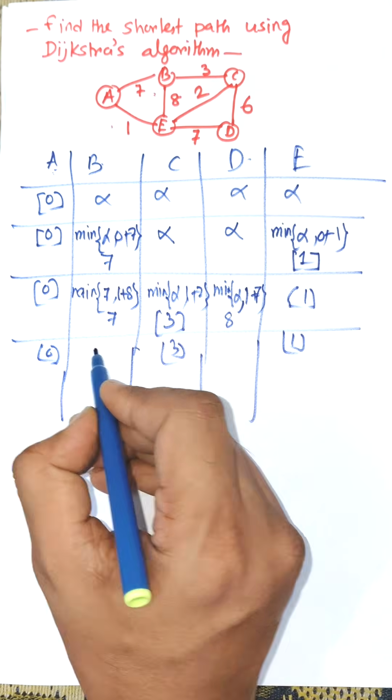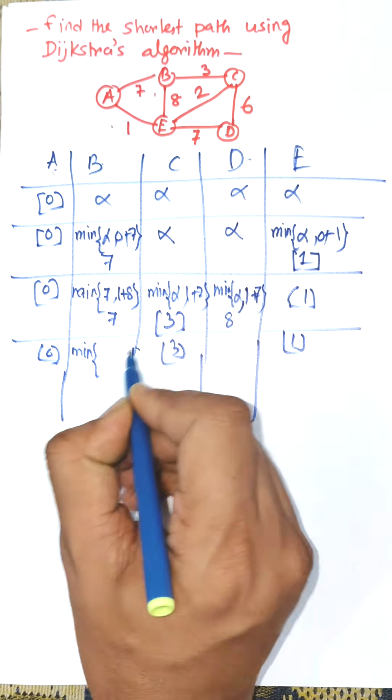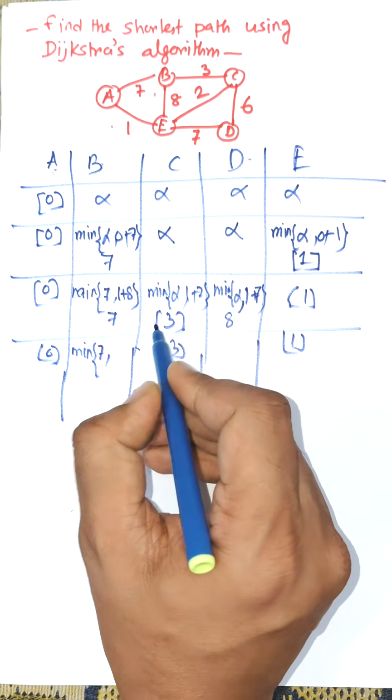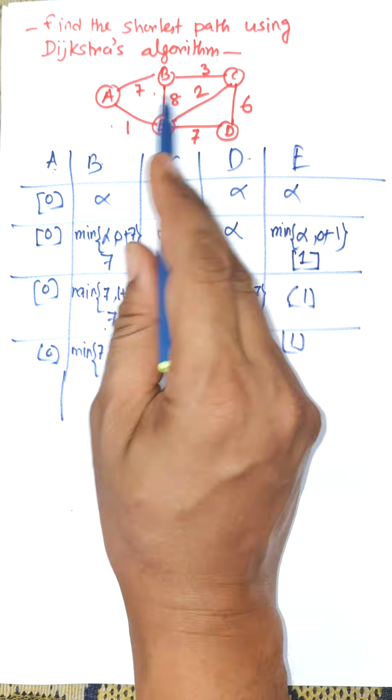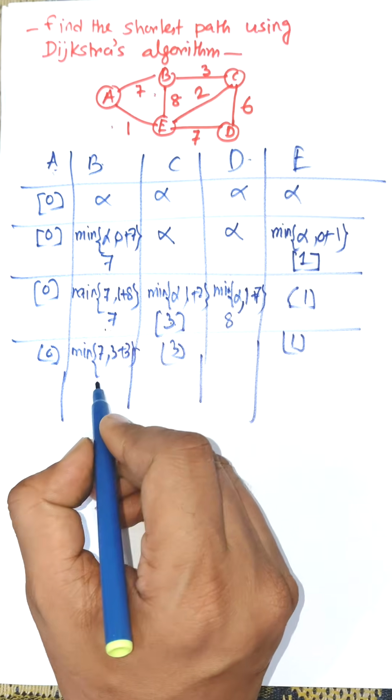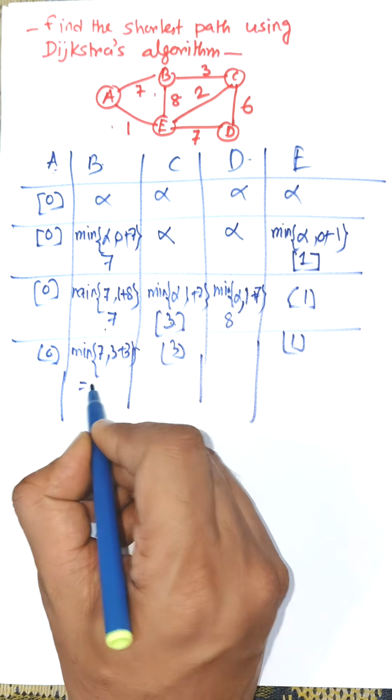Now next we need to find from C. Old value is 7, and from C, C to B distance is 3, and 3 plus 3 is 6. Minimum is 6.